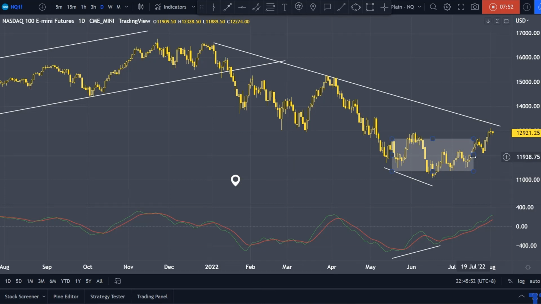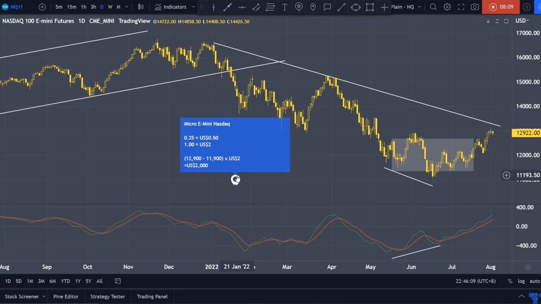The price, look at here, at the lowest point was about 11,900, about there. If we just take a simple calculation, currently it's about 12,900, so it's about 1,000 points of gain. So how to calculate the P&L?